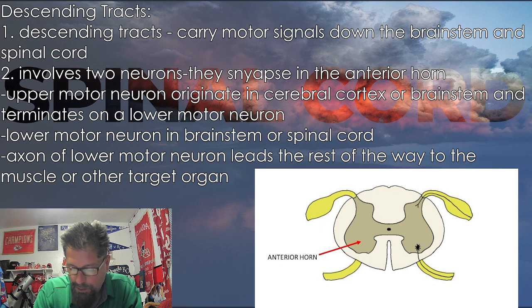But descending tracts, these are the tracts that are going to be bringing the solution. The brain has processed the information, and now we're sending out what needs to be done. So we're going down the spinal cord, obviously, and if you were looking at the diagram beside me, we're going to be on that right-hand side.